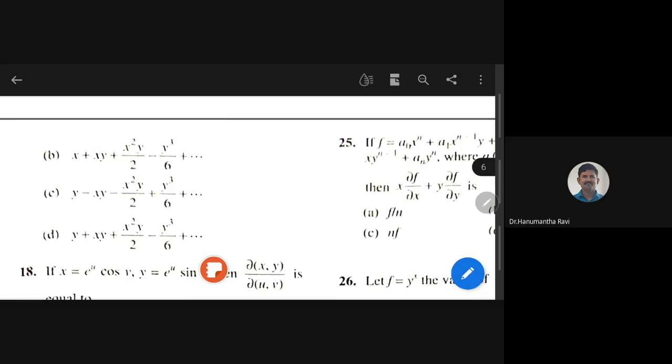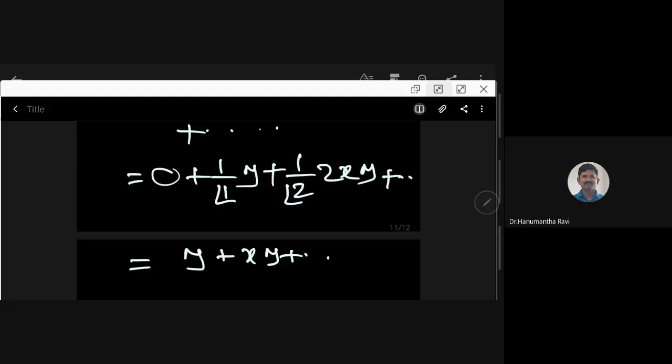Naturally, he is also calculating the third term. Here you need to calculate this also. I'll directly write this whole cube.